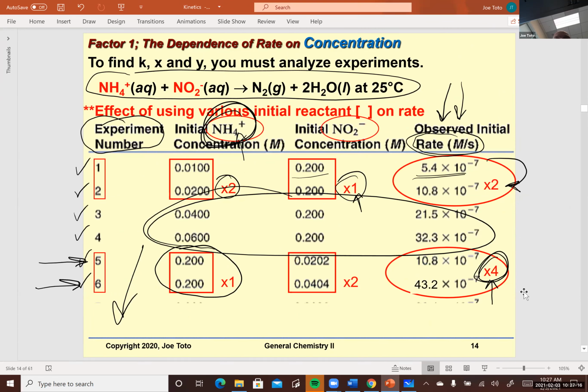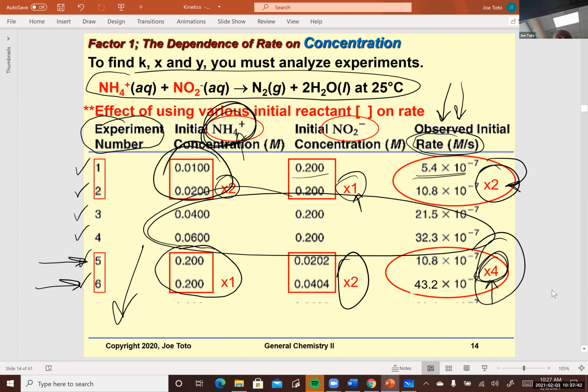And a lot of people in your textbook, and a lot of textbooks, they just use the eyeball method. So pretty much you're memorizing this. So you get used to saying, okay, if I double the concentration and the rate doubles, that's first order. If I double the concentration and the rate goes up by 4, then it's second order.